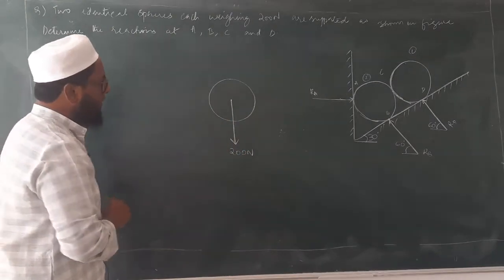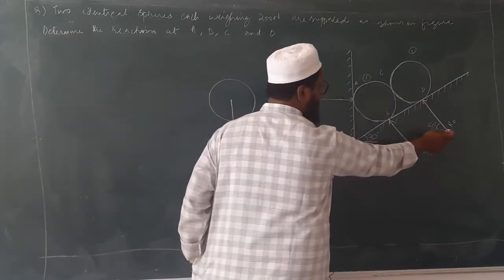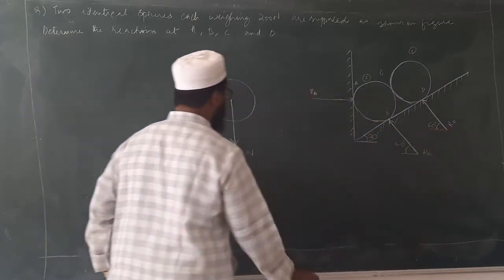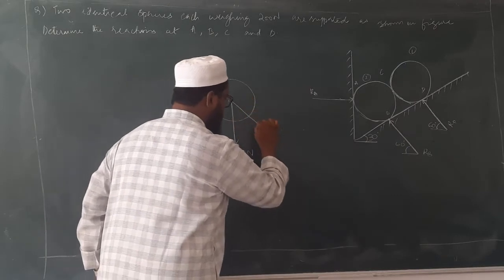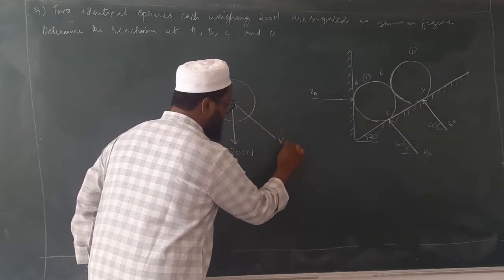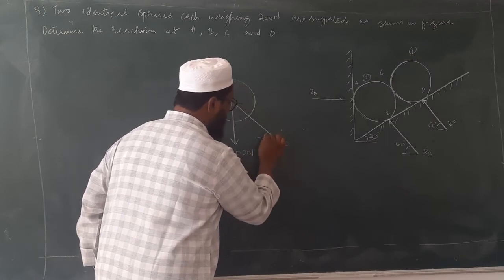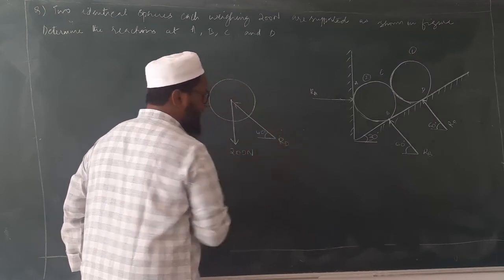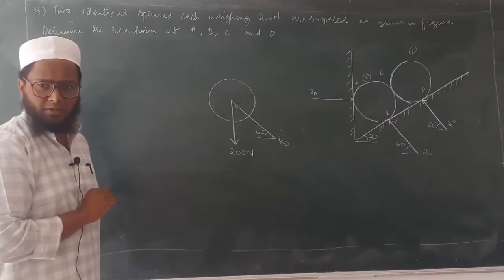Now we have one reaction here for sphere 1. What is that? RD. What is the inclination with the x-axis? 60 degrees. Alright. Able to follow this one?